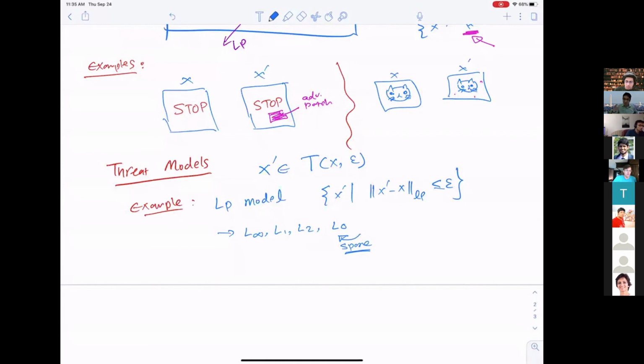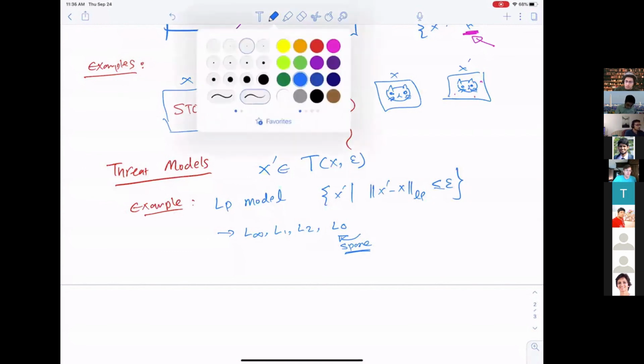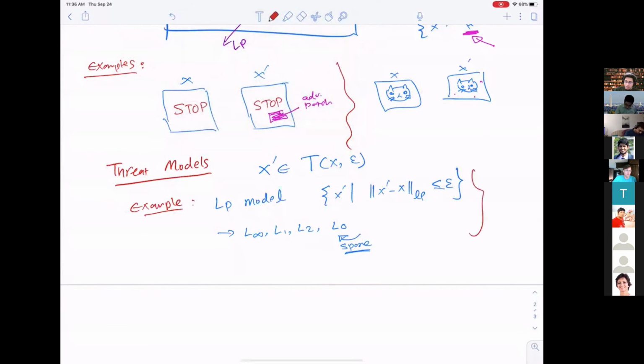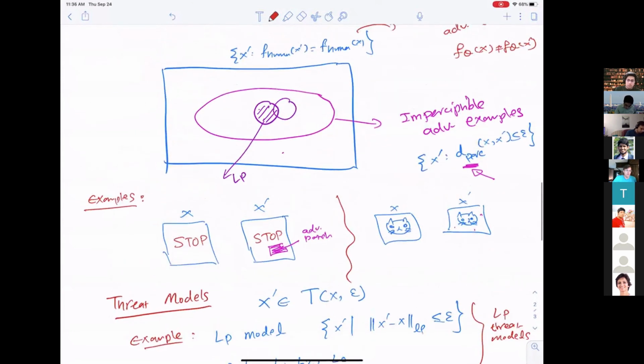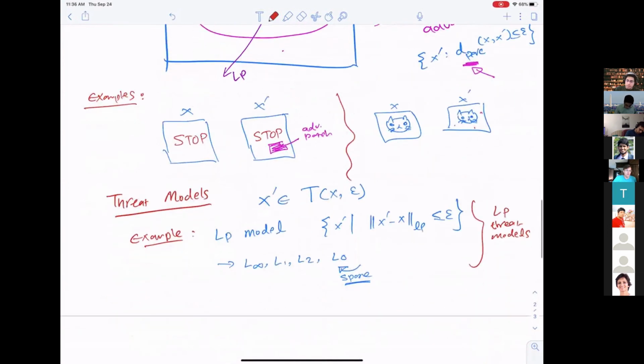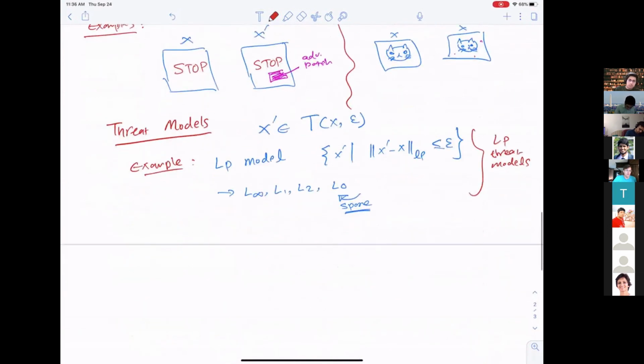L0 basically changes a small number of pixels in the image to create an adversarial example. So these are LP threat models. That's perhaps one small subset of the whole imperceptible adversarial example set. But you can also think about non-LP threat models.